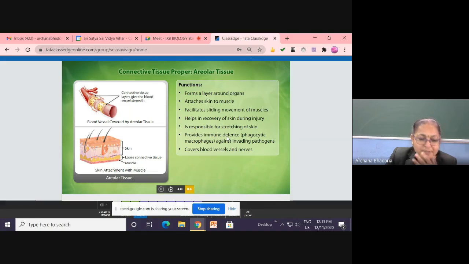So 4 points you write down. Provides immune defense. You can write it in your simple language, children. Develops immunity. Okay, and for the 3 points which you have written, you can just join it and write down, forms a layer around organs, attaches skin to muscles, covers blood vessels and nerves, thus helps in packaging of the different organs.